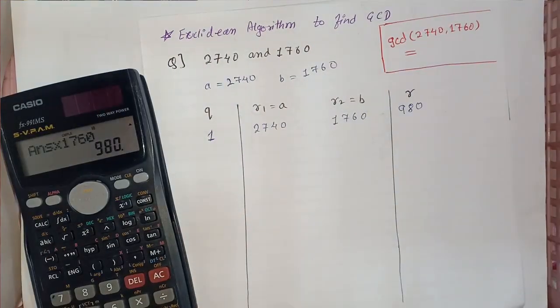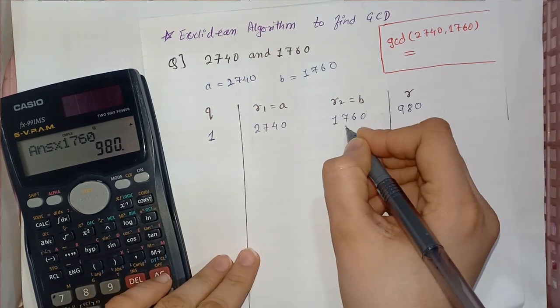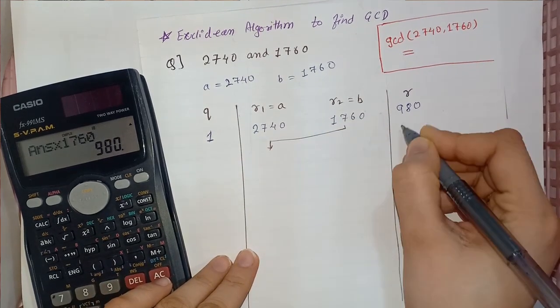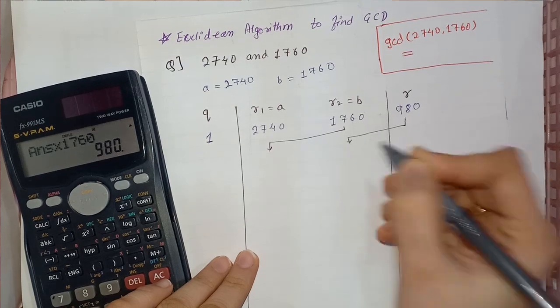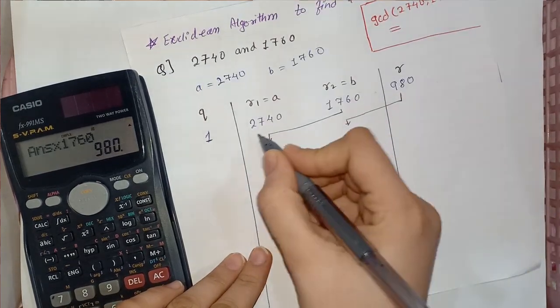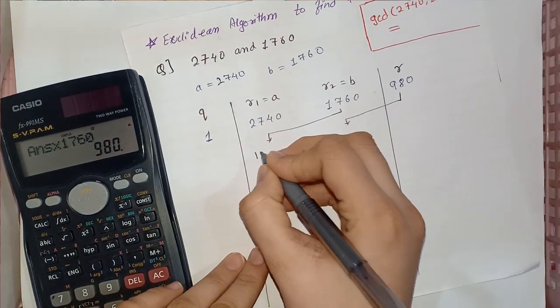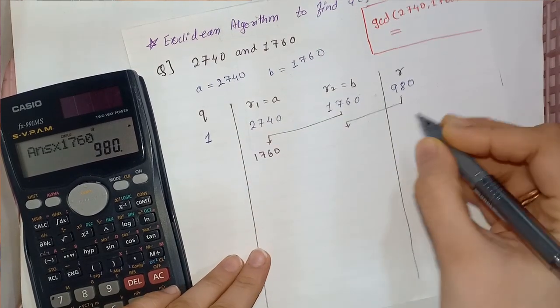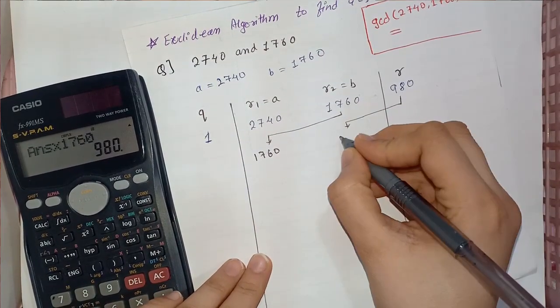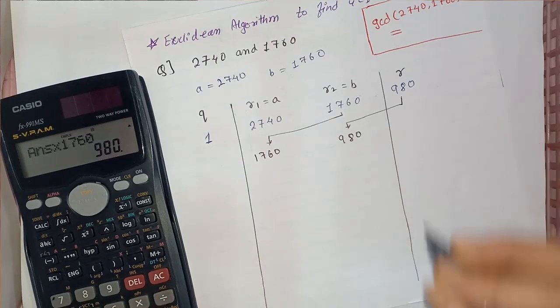Now what we have to do is, this term shifts here and this term shifts here. So our next A term is 1760 and B term is 980.